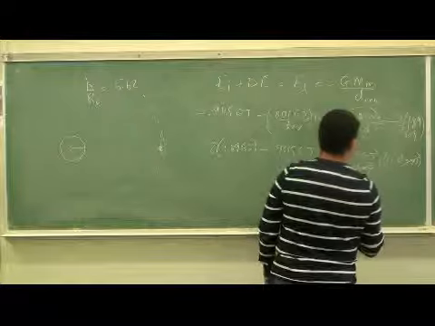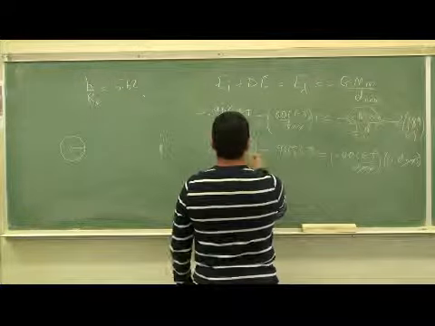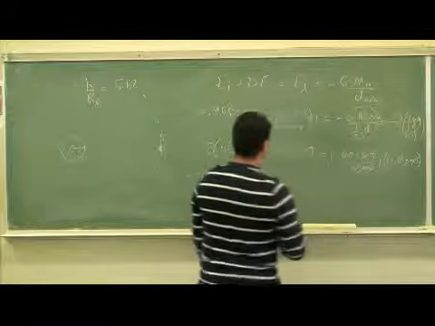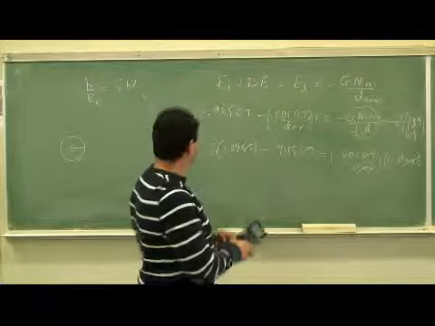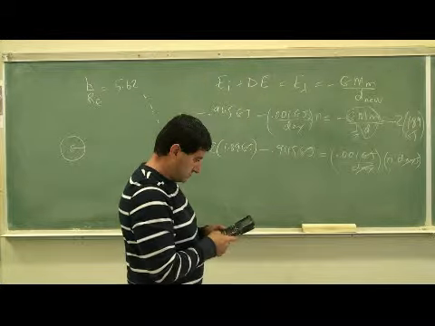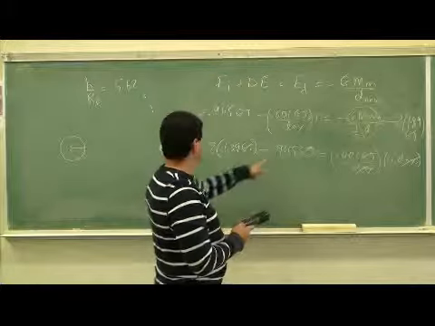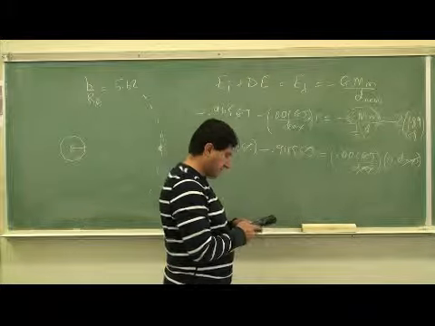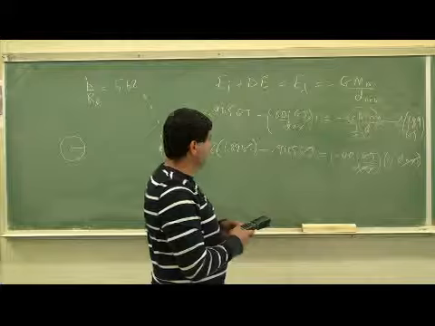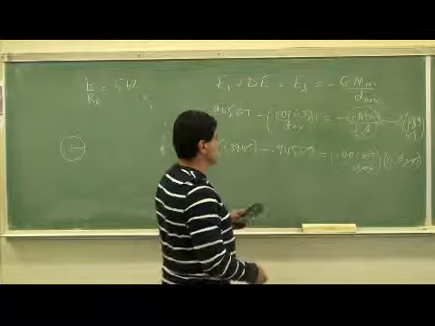So day and day cancel, and gigajoule, gigajoule, gigajoule cancel. So you're basically left with doing 2 times 1.89 minus 0.945, divided by 0.001, and that's it.